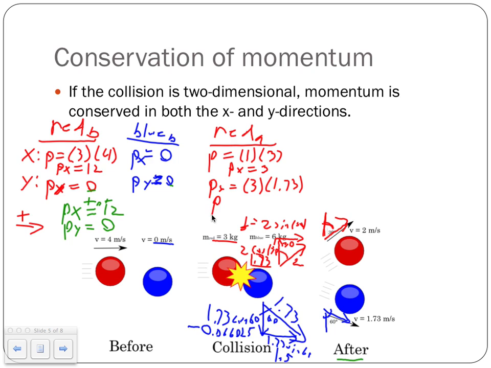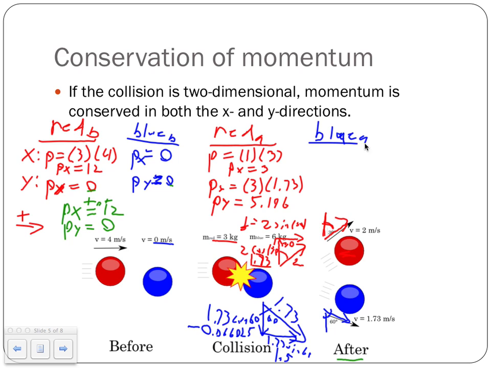And so that gives us a y momentum for the red afterwards of 1.73 times 3, and so 5.196 is what I get. 5.196 kilogram meters per second. All right, so we have an x component of the red ball's momentum of 3, a y component of 5.196. Next, let's look at blue.